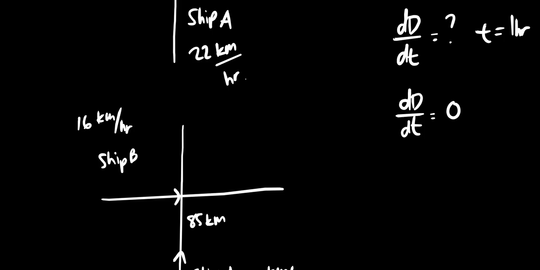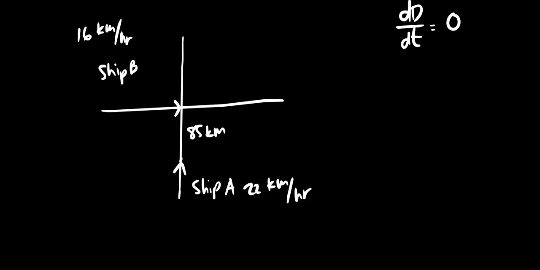To have an easy understanding, we'll use points. For ship A, x equals 0 and y equals 22t minus 85.